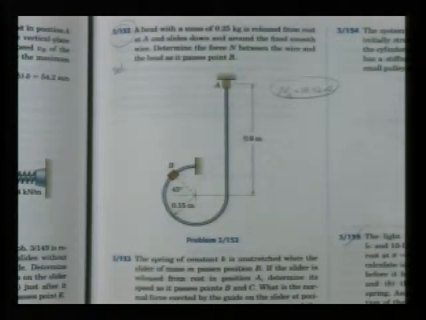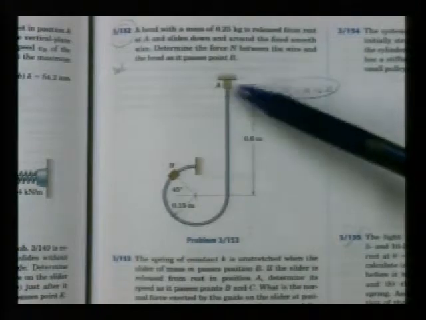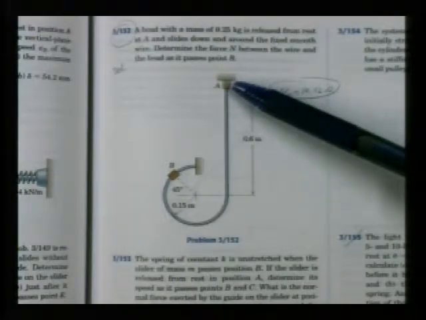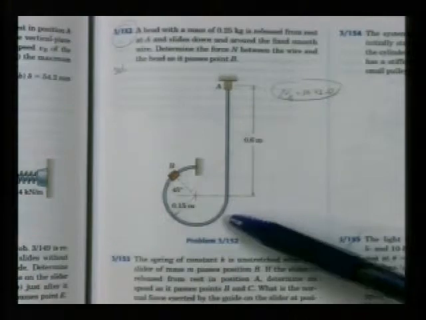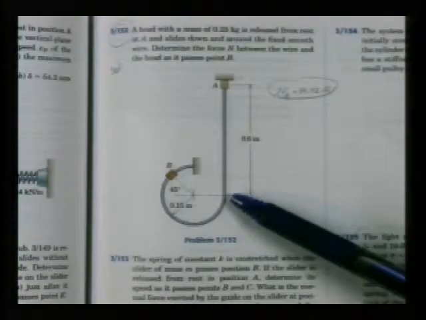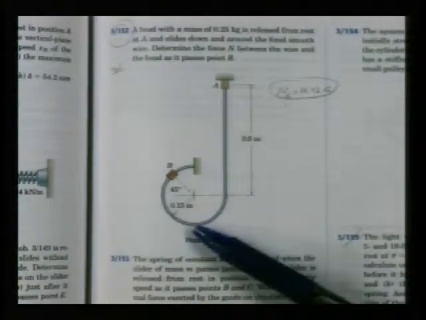No friction on this one. We have a mass of 1/4 kilogram up here at position A, and we release it from rest. It slides down the smooth guide, smooth wire. Where is it going fastest? At the very bottom.